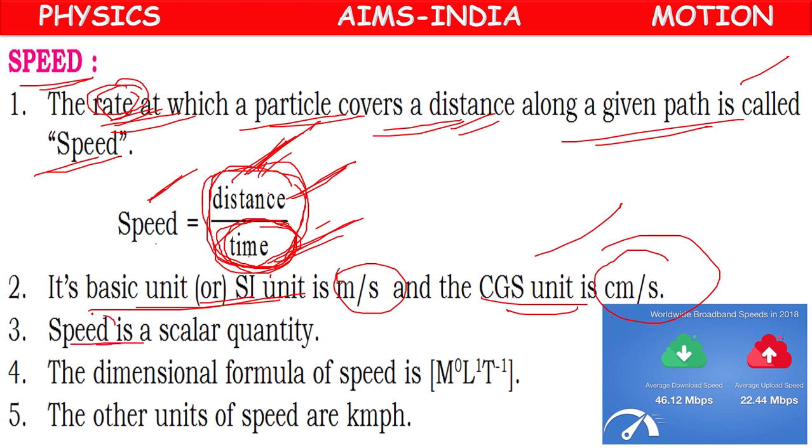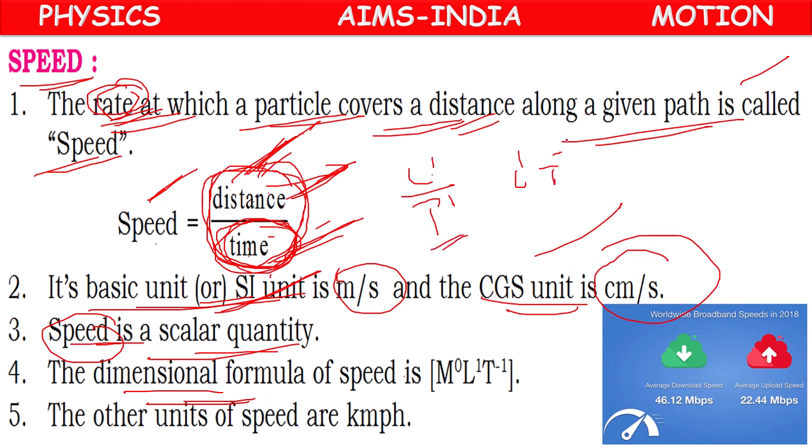Because speed depends on distance, it is a scalar quantity. What is the dimensional formula of speed? Distance means length, time means capital T. So L one time we are having, T one time we are having, but T is in the denominator. If we take it to the numerator part, it becomes T power minus 1. L power 1, T power minus 1.